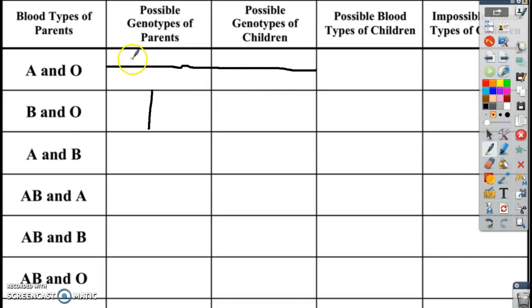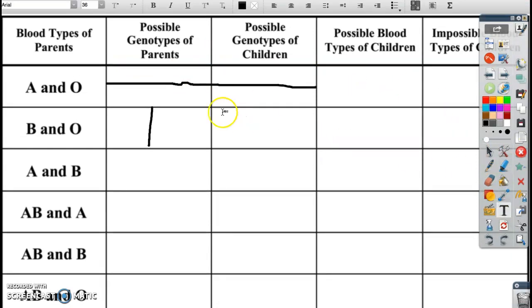So say we have first parents. We have type A. If someone is type A, the first thing we need to do is figure out what their possible blood type would be.